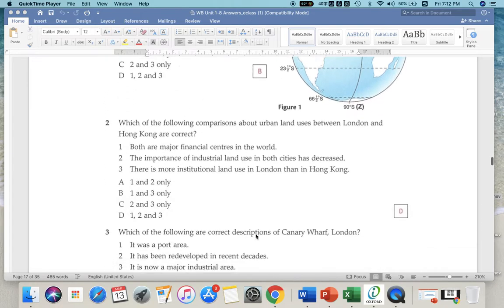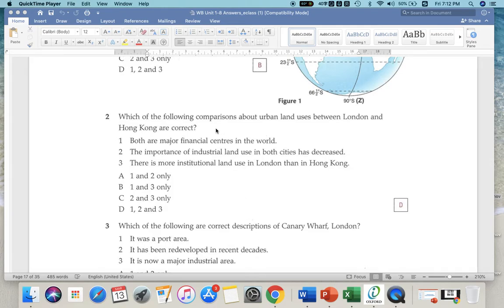Number 2, which of the following comparisons about the urban land use between London and Hong Kong are correct? Number 1, both are major financial centers in the world, is true. And number 2, the importance of the industrial land use in both cities has decreased. That is true as well, okay? London used to be land with factories.